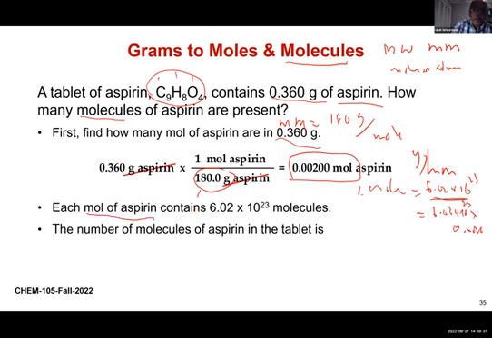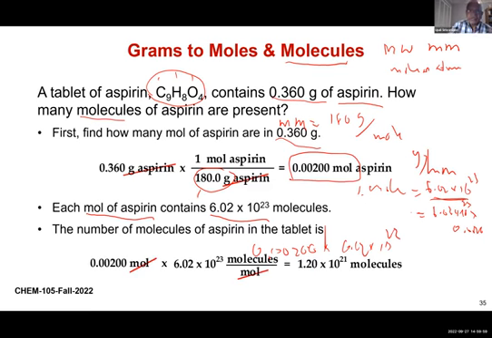Each mole of aspirin contains Avogadro number of molecules. Therefore, basically 0.200 multiplied by 6.02 times 10 to the 23 is the answer. This is moles multiplied by Avogadro number. Avogadro number is 6.02 times 10 to the 23 units.